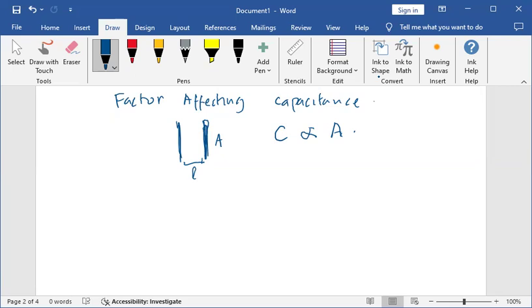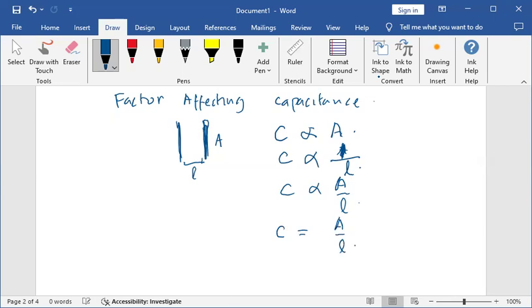If the distance is too long, the electrons will be hard to move. So C is proportional to A over L. Now C is proportional to A over L.